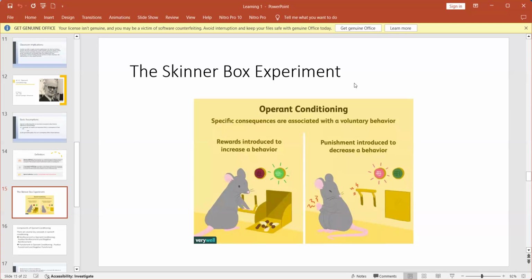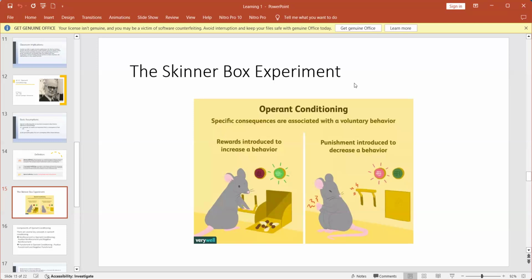Then accidentally, I repeat the word accidentally, that means without any intention, while they were running here and there, the rat stepped on a lever. The rat stepped on the lever accidentally with no intention. Then food pellets dropped once they stepped on the lever.